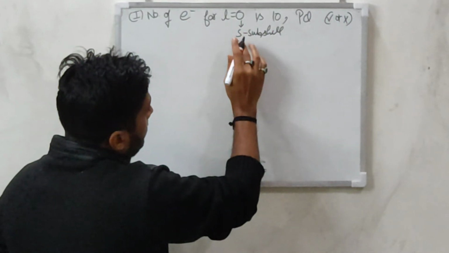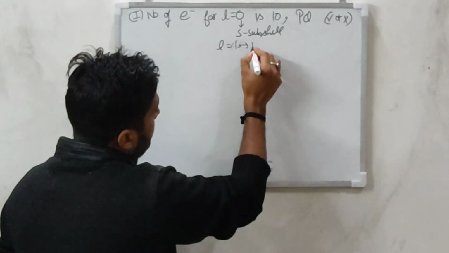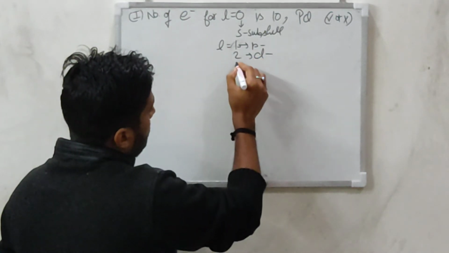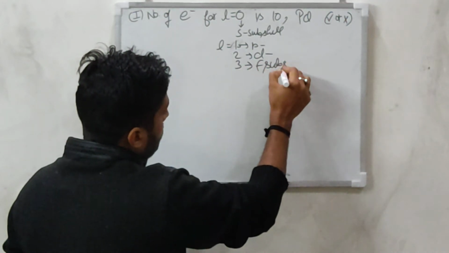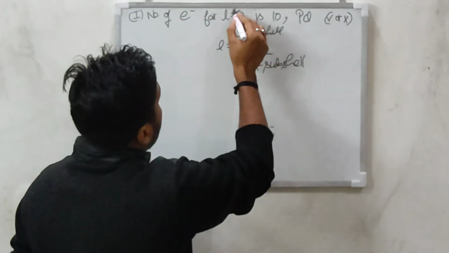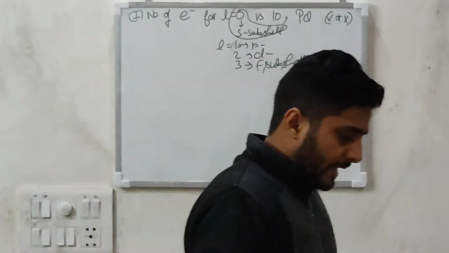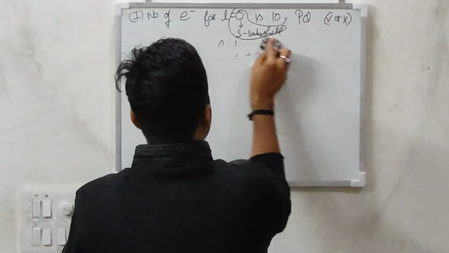Similarly, L equal to 1 represents the p subshell, 2 represents the d subshell, and 3 represents the f subshell. In this case, we have to find the total number of electrons that lie in the s subshell.